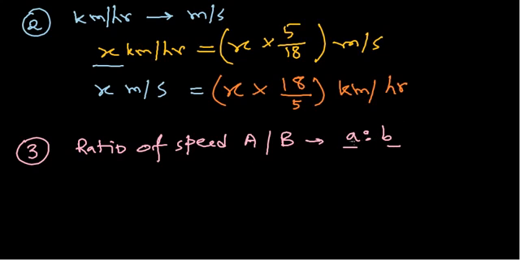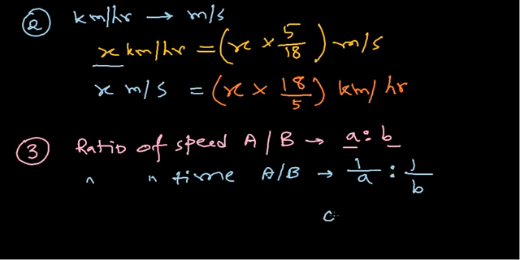If this is the case, the ratio of time taken by both A and B to travel the place is going to be 1 by a is to 1 by b, or simply b is to a.